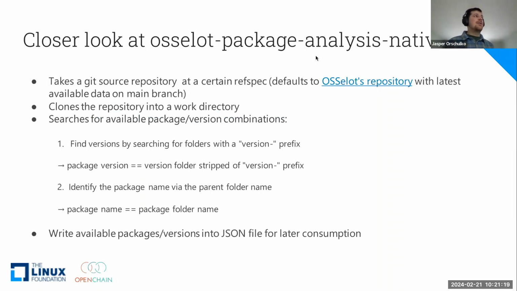It clones that repository into a work directory, and searches for all available packages and versions within this source repository. It then writes that into a JSON file, which we can later use to validate whether an OpenEmbedded package is actually available in OSSelot.